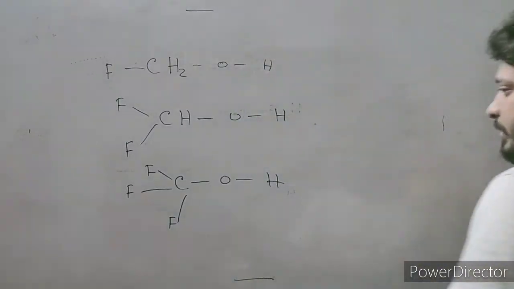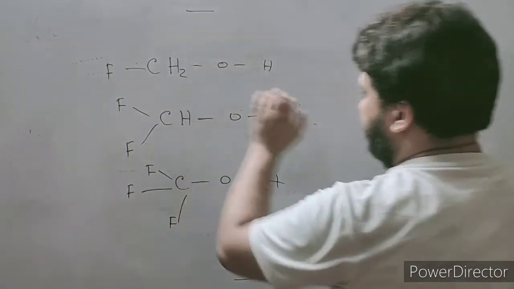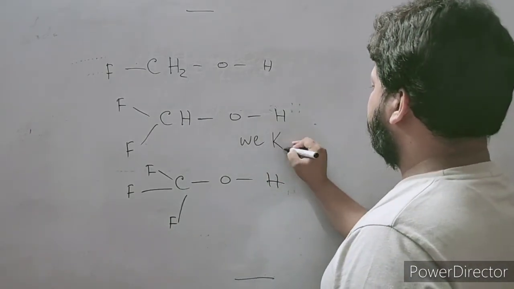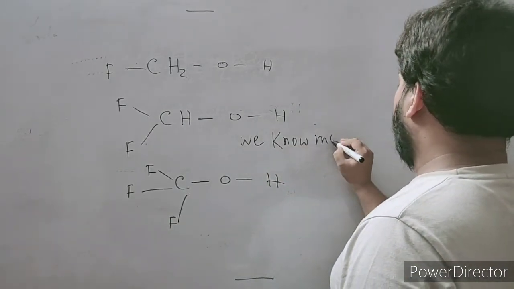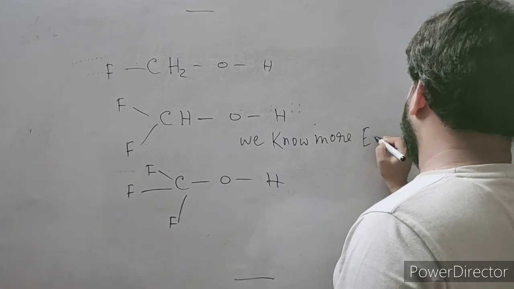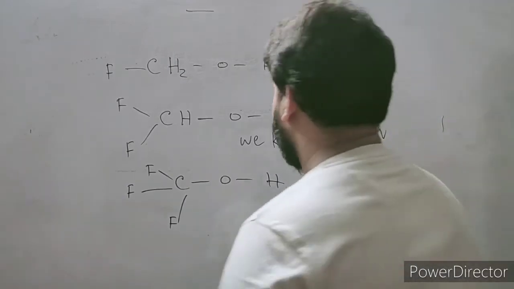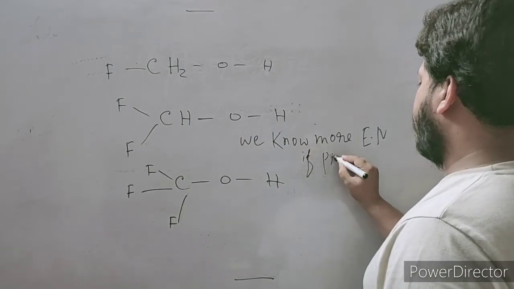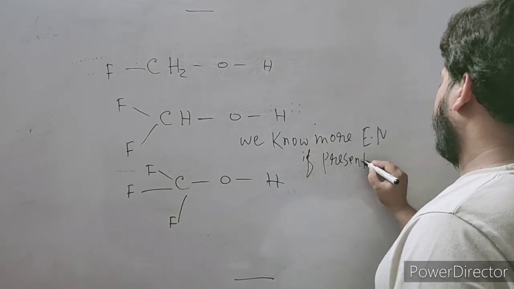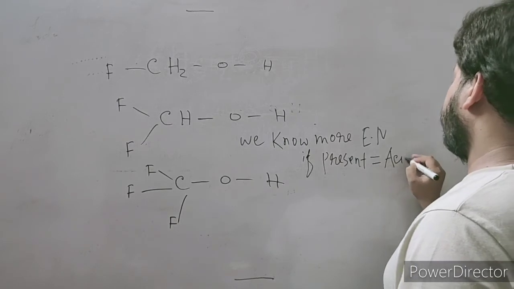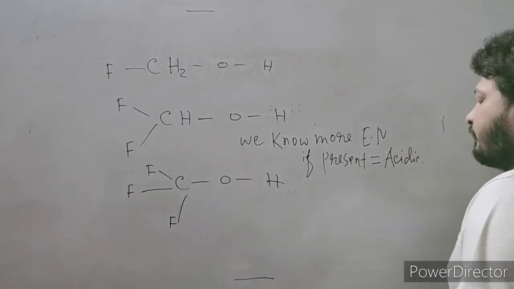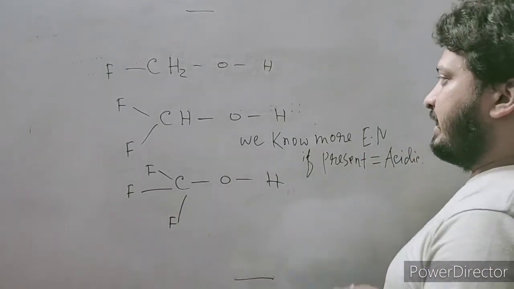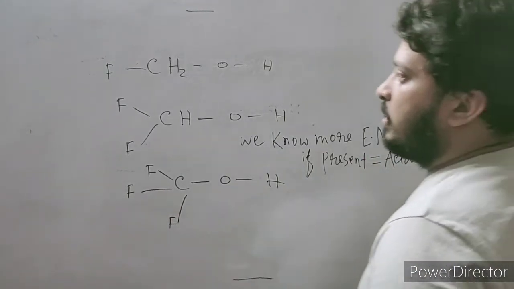Which is more acidic? We know that where a more electronegative group is present, we can say it is more acidic, because due to the presence of the electronegative element, it is easy to donate H plus.